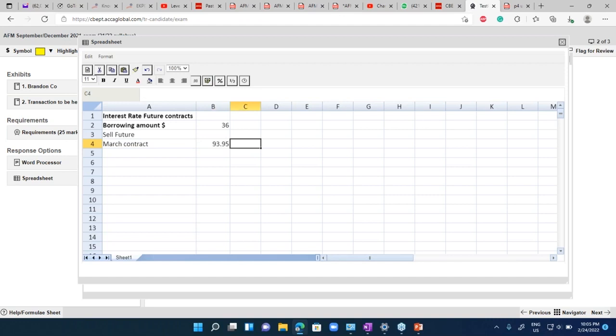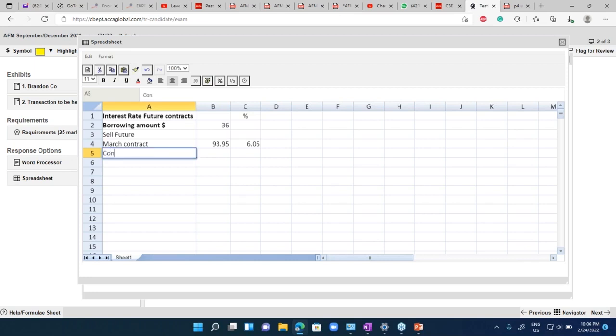You can convert it into percentage. Simply write in the percentage, that is 6.05. So we have selected the amount of borrowing by our sell future March contract.